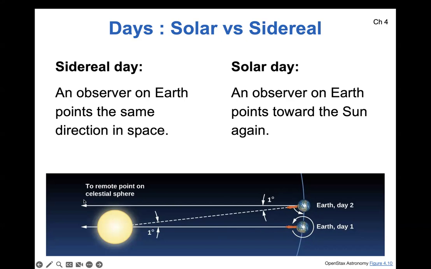So this solid white line, if you follow it past the sun, because it skirts just above the sun on day two, it says it points to a point on the remote celestial sphere. So you could say it points to some distant star. That is a full rotation because the Earth has turned all the way back around.